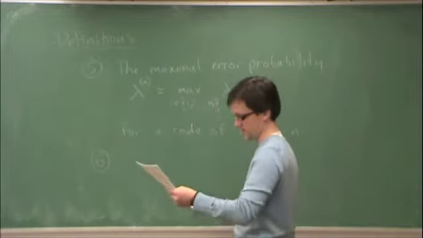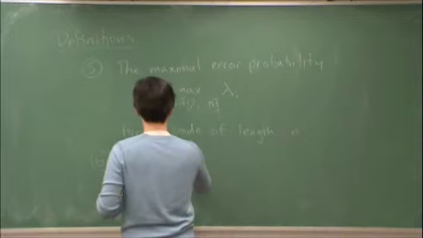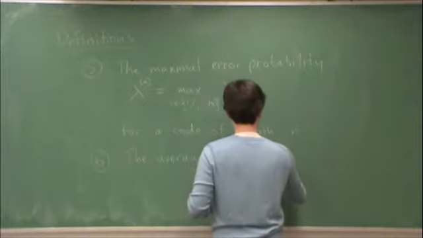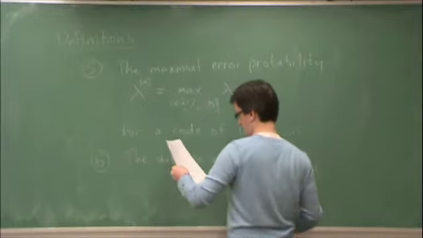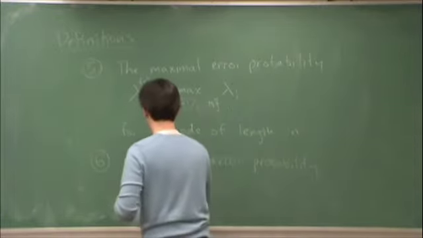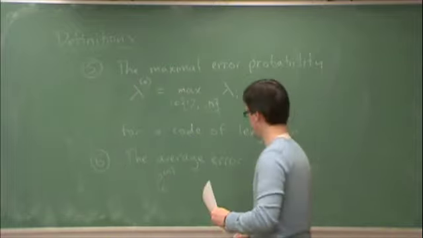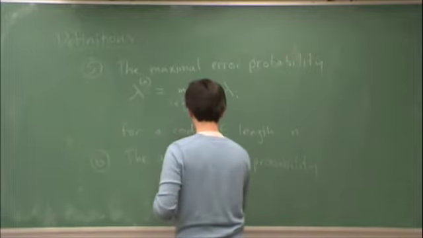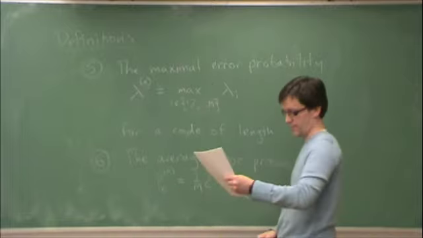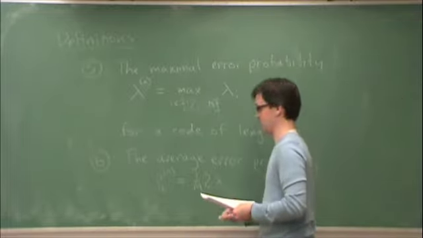The other special error probability that we're going to deal with is the average error probability. And that is given by this one called P_E to the n, the sum of all the lambda I's times 1 over M. So actually, this is not really the expected value of error.